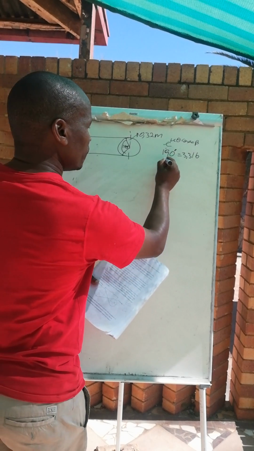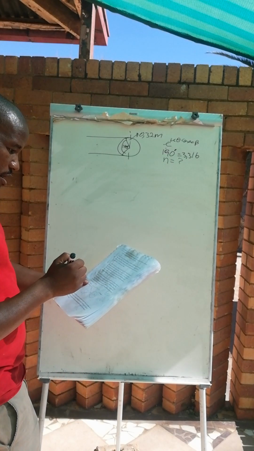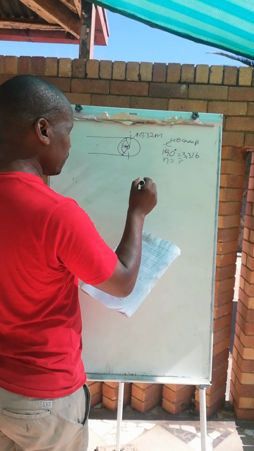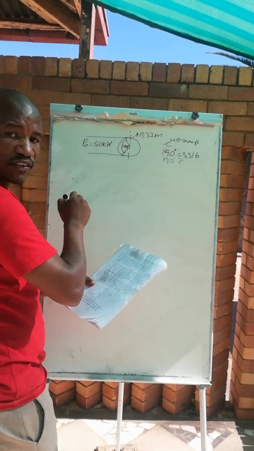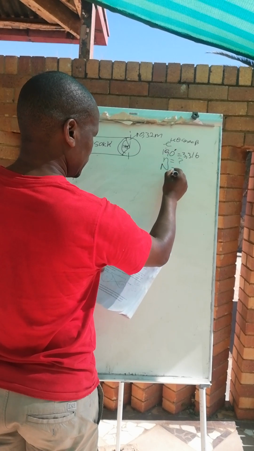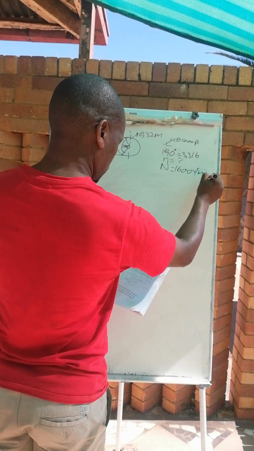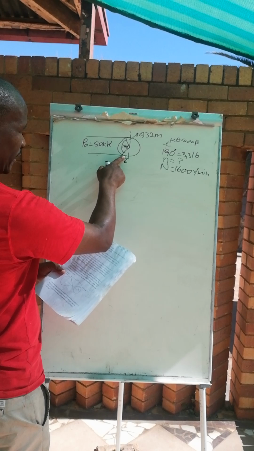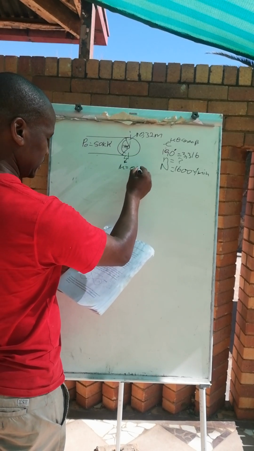Calculate the number of V belts, denoted by the symbol N, required to transfer 50 kilowatts, the output power, when this pulley rotates at 1600 revs per minute, and you are told that the coefficient of friction between the pulley and the belt is equal to 0.3.